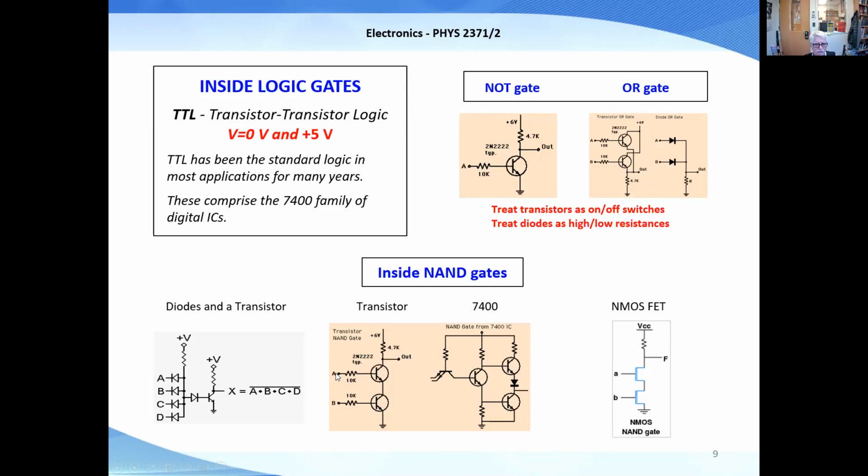You have to have 5 volts here and 5 volts here to get this to go to 0. This is with transistors, and this is with FET, field effect transistors. It's basically the same as this here. We call it a MOSFET. Okay, so that's what's inside of these things.